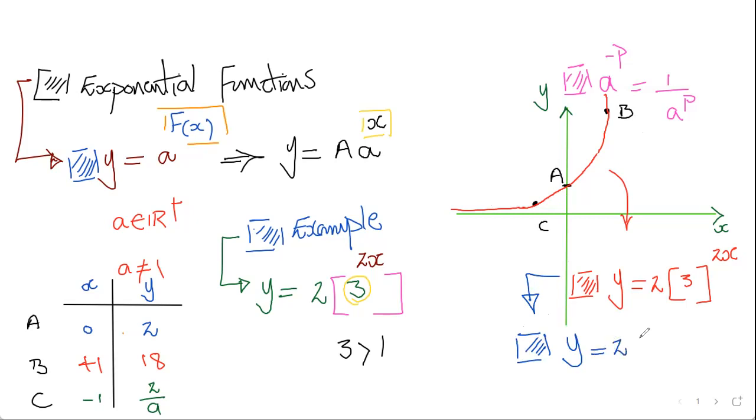I follow the same core of the function. The coefficient is 2. The base has to remain 3. But here I have, look at this, for example, minus 2x. Now, it's a kind of a transformation.